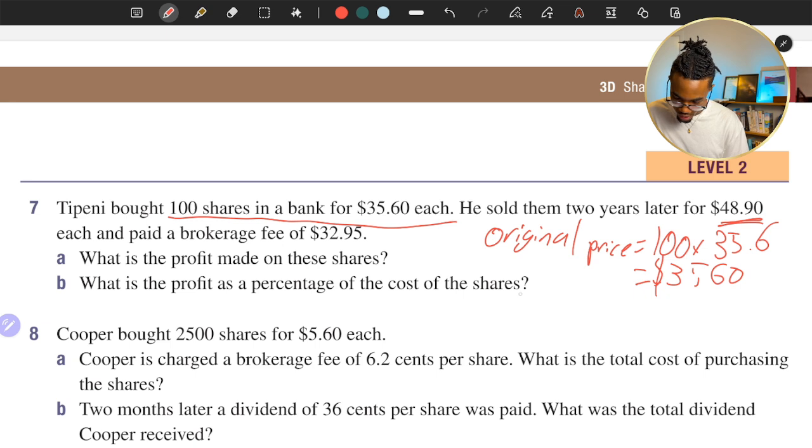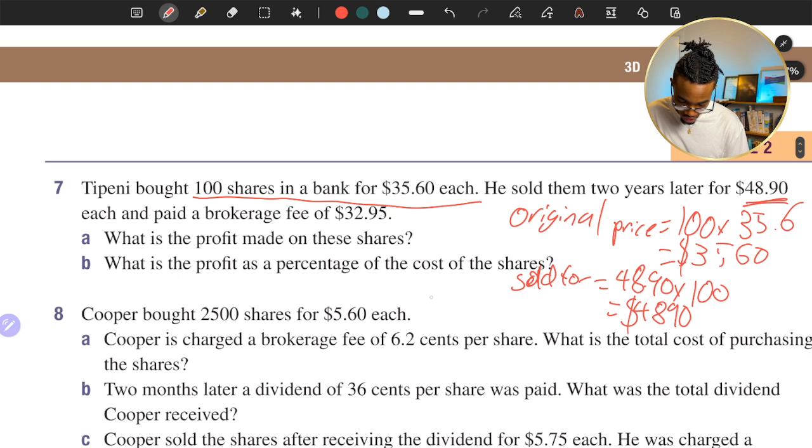So sold for equals 48.90 times 100, which gives us $4,890.